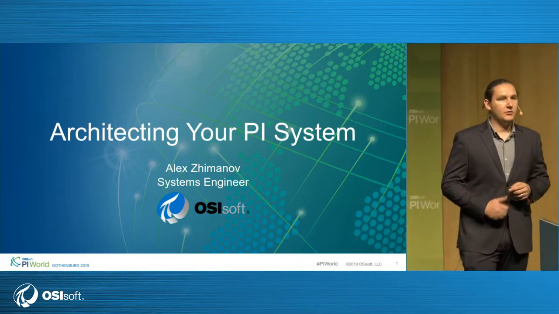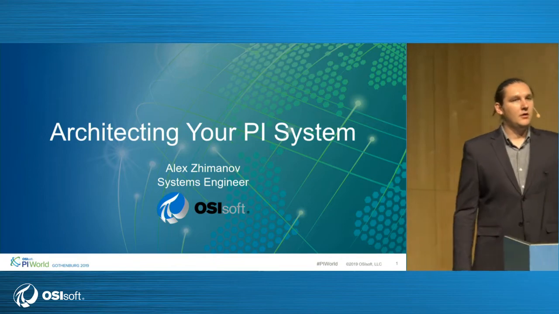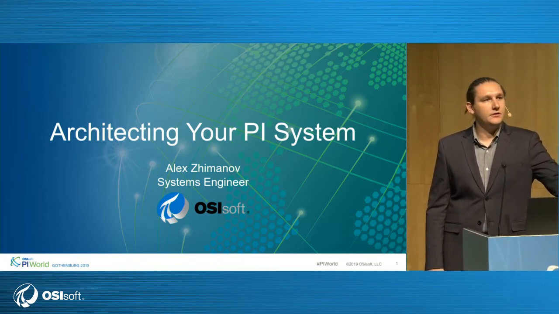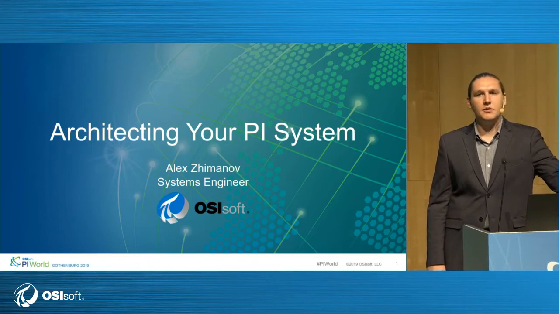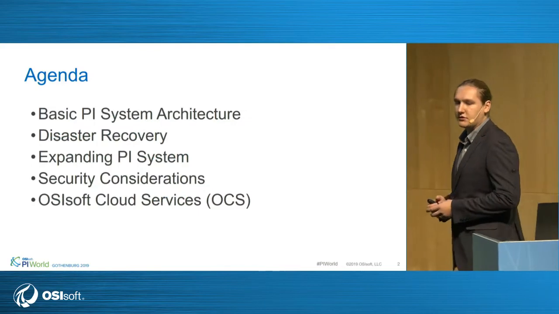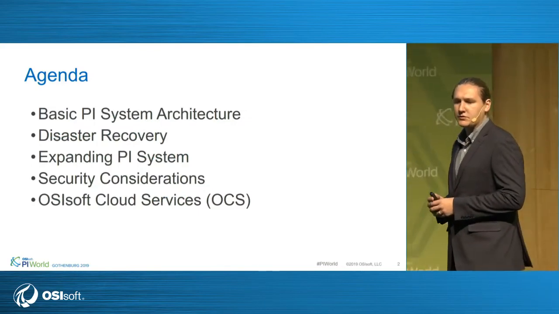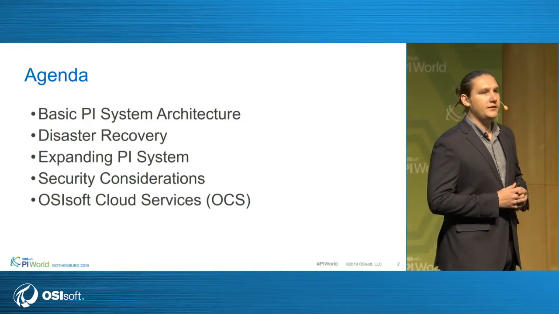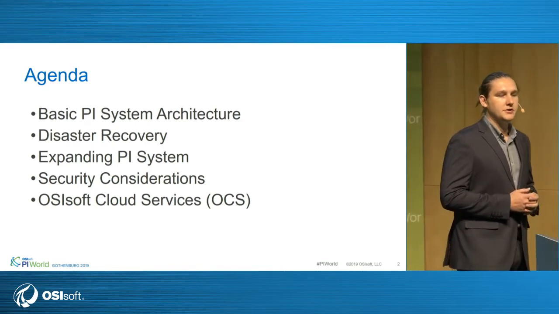And today we will open the third day of our OSIsoft PI World EMEA 2019 in Gothenburg with a presentation regarding the architecture. And this will be our short agenda that we will try to cover today. We will start with the basics of the PI system architecture.